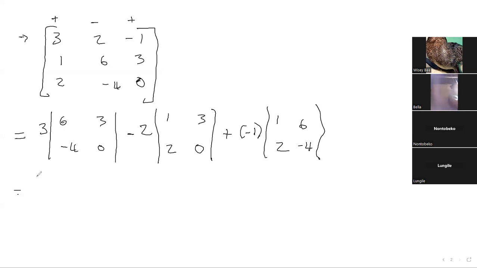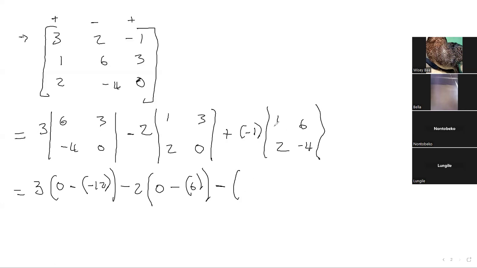This will be 3. This would be 0 times this and this, 0 minus this and this would be minus 12. Minus 2, open bracket, this times 0 is 0, minus this times this is 6. And then this, let's just put a minus here.